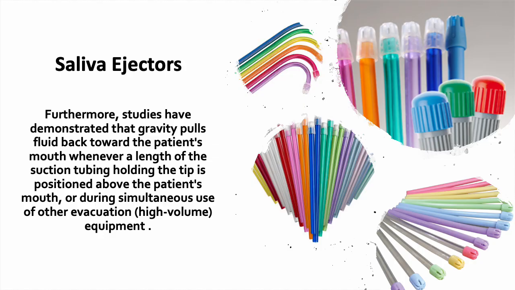Furthermore, studies have demonstrated that gravity pulls fluid back toward the patient's mouth whenever a length of the suction tubing holding the tip is positioned above the patient's mouth. So it's very important to position the tube in the right place. Also, if you use the high and low saliva ejector together, the valve will be closed, causing the backflow.